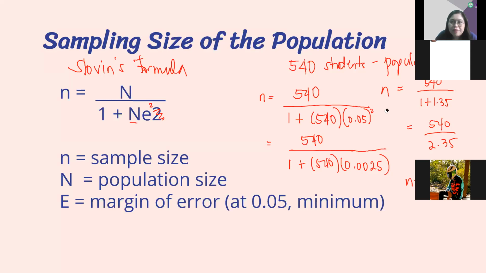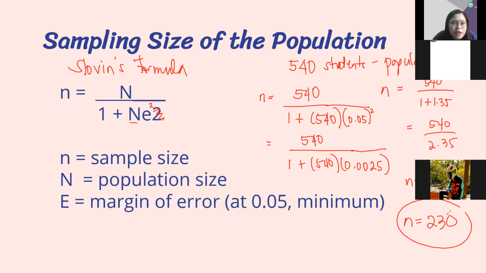Pero ganito, when you are computing for the sample size, class, especially if we are talking about a person, hindi ka pwedeng mag-survey sa 0.79 na tao. So in sampling, in computing the sample size, it will always be rounded off to the nearest whole number. So N here is 230. Okay? Again, the sample size here is 230.